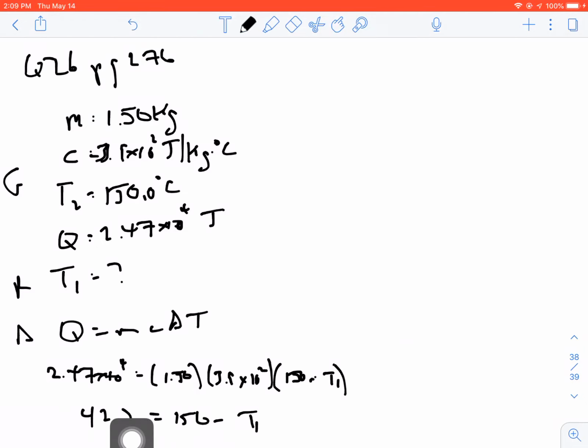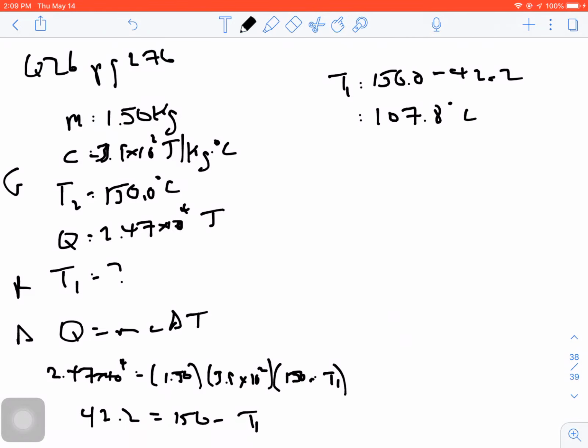So I'm going to take my T1 across the other side as plus T1, and I'm going to take my 42.2 across as minus 42.2. So T1 equals 150 degrees minus 42.2, and I'm getting 107.8 degrees C was my starting temperature.